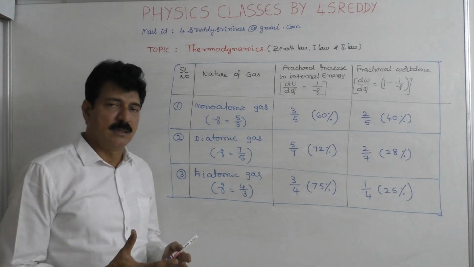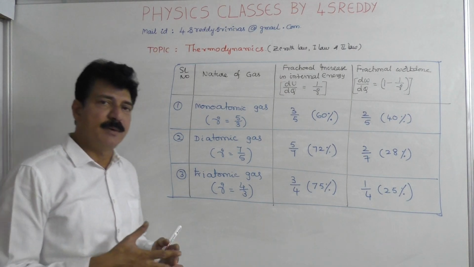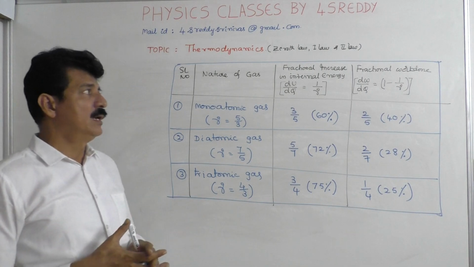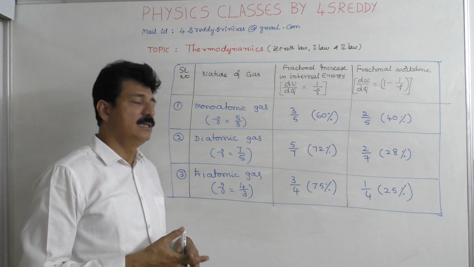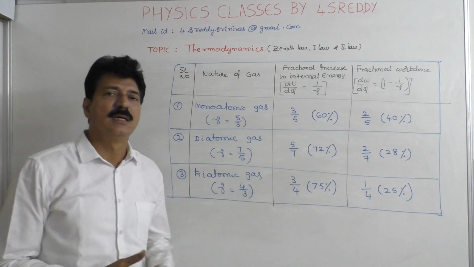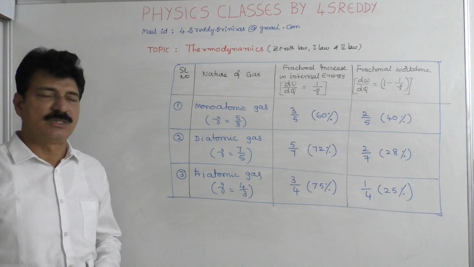So, whenever you are asked problems related to this, sometimes you may be asked what is the fractional increase in the internal energy in case of a monoatomic gas, or like that. Then these are the values straight away.